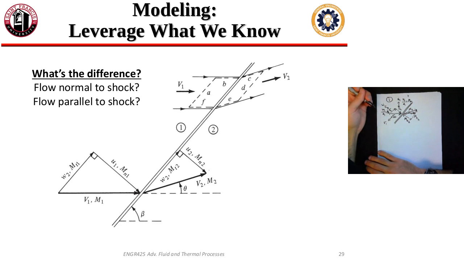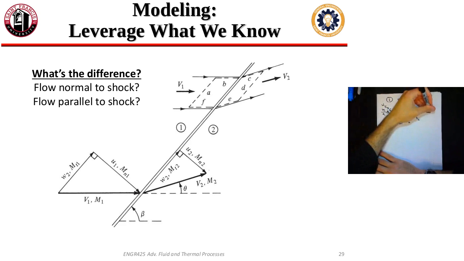We said, okay, well, trigs. So we know the wave angle, beta, which is in reference to the horizontal. And we take the incoming flow to also be horizontal. If we know that, we know the turning angle. So this would be the turning angle, theta.